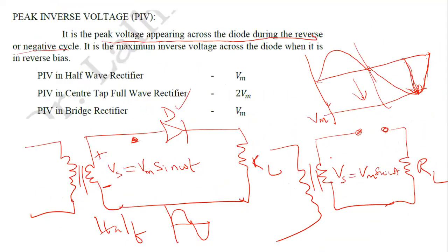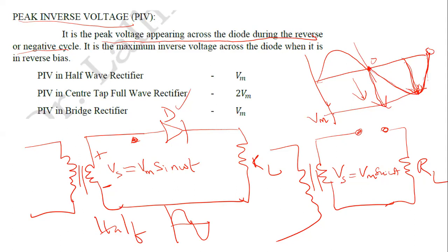Okay, so here the peak inverse voltage is related to such breakdown. As you see, during this cycle, this diode is under reverse biasing, and the reverse voltage appearing across this diode is increasing from 0 value to Vm peak value along this line, and then decreases back to 0.